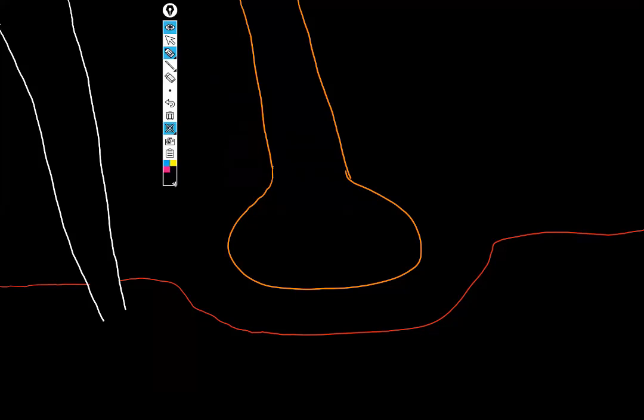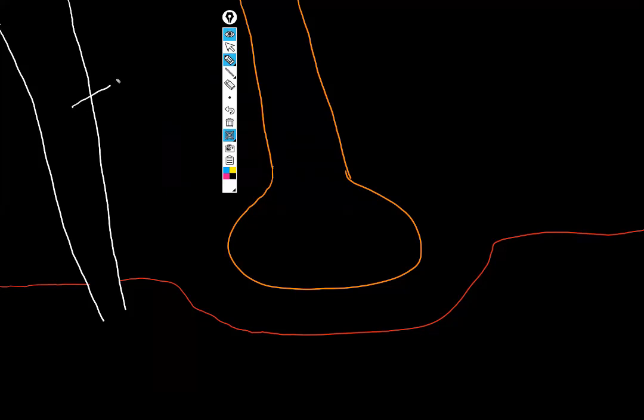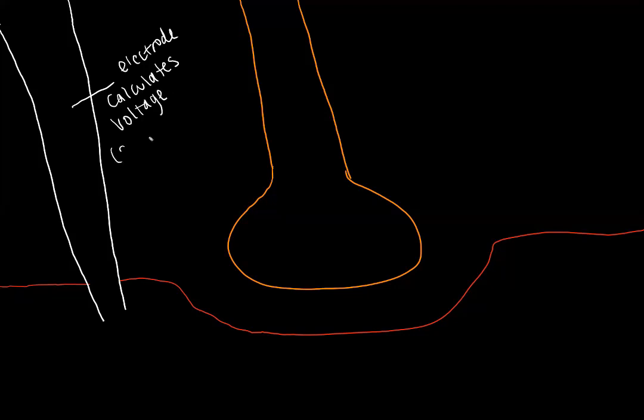And basically what this electrode is doing is it's hooked up to a computer. It just calculates how positive or negative the inside of the cell is compared with the outside. Which is a charge separation.